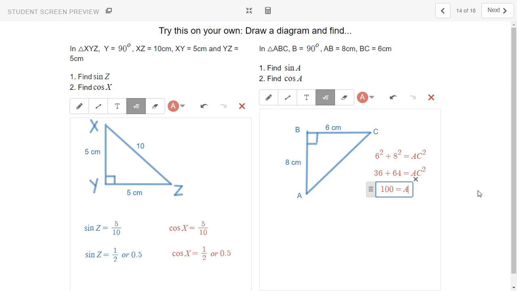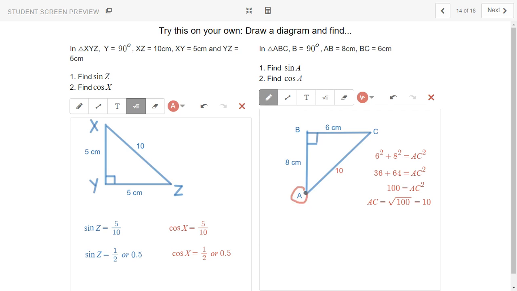We have 100 is equal to AC squared, and we're going to undo the square. AC is equal to square root of 100 or 10.